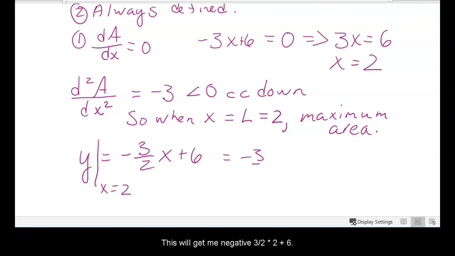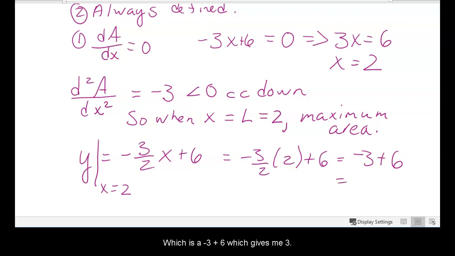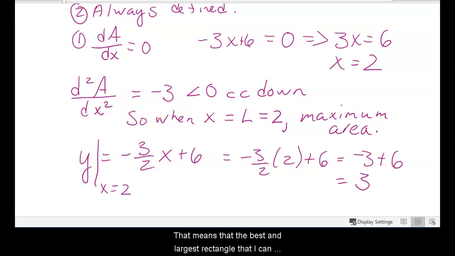This will give me -3/2 times 2 plus 6, which is -3 plus 6, which gives me 3. That means that the best and largest rectangle that I can draw in that area is 2 long and 3 high. Let's take a look at our graph again and see if that looks like the largest possible rectangle underneath there.